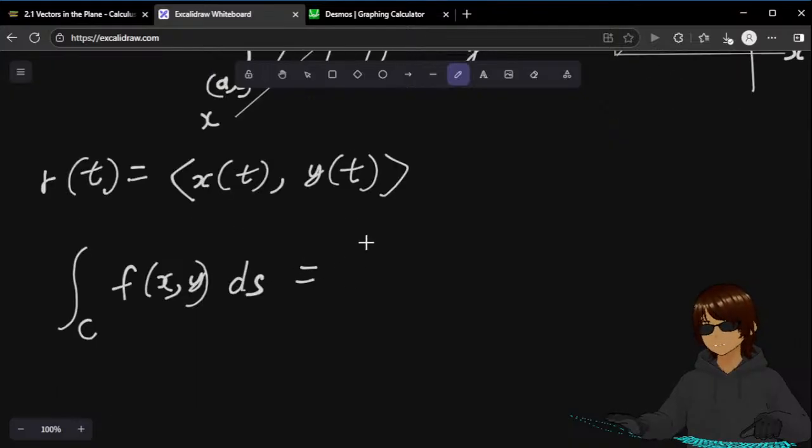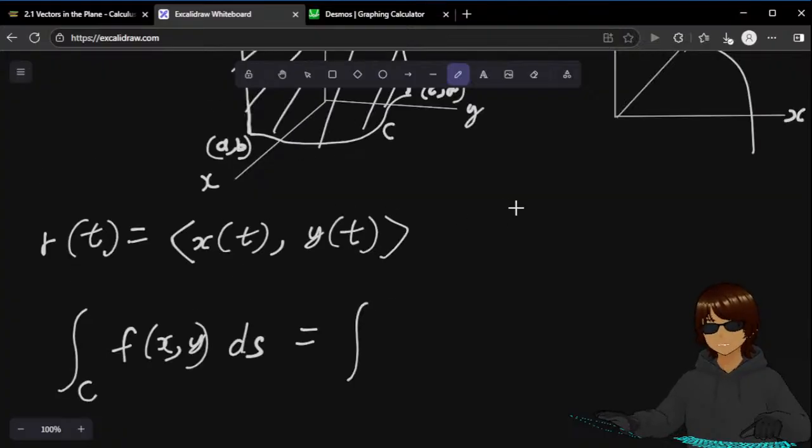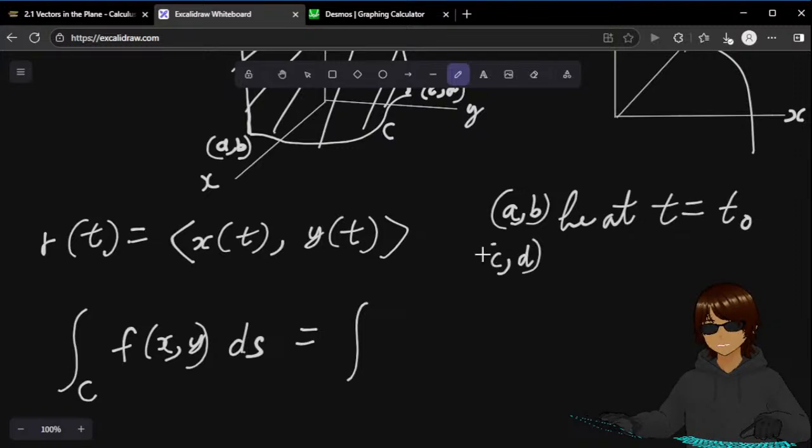This would be equal to the integral from point A. Let A be at t is equal to t naught, and C D be at t is equal to t1.